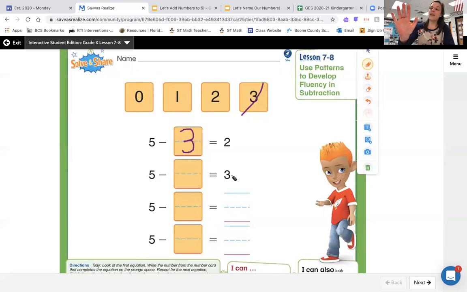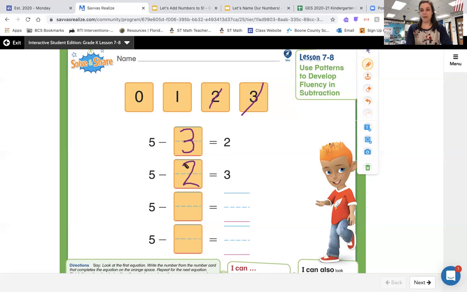Now, if we're breaking it into 2 groups, so we start with our whole group of 5, we can only break it into 2 groups. Well, it tells us one of our groups has 3 in it. So let's put down 3 fingers. 1, 2, 3. So if I have 5 all together and I have 3 in one group, how many are in my other group? 2. So we're going to fill in 2 in our next box to make the next sentence.